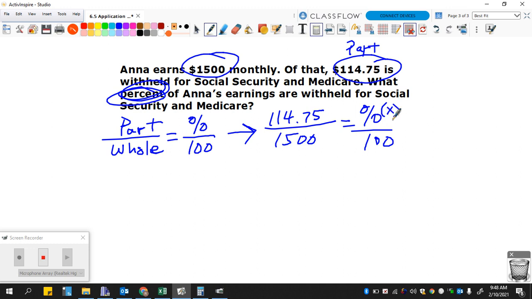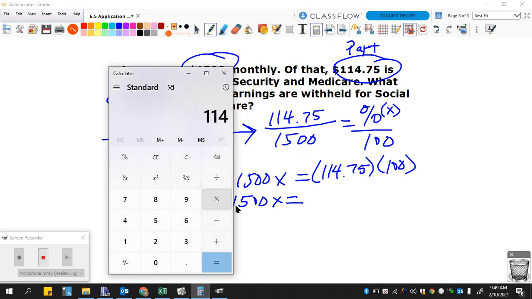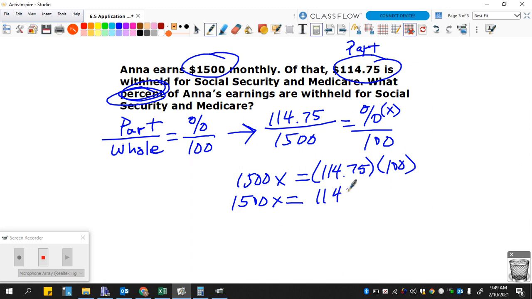So cross multiply: 1,500 times x is equal to 114.75 times 100, which is 11,475, which we could have done in our head by moving our decimal point 2 times.